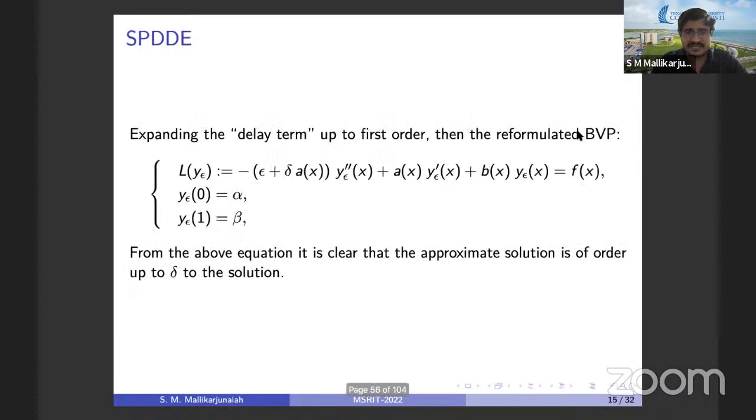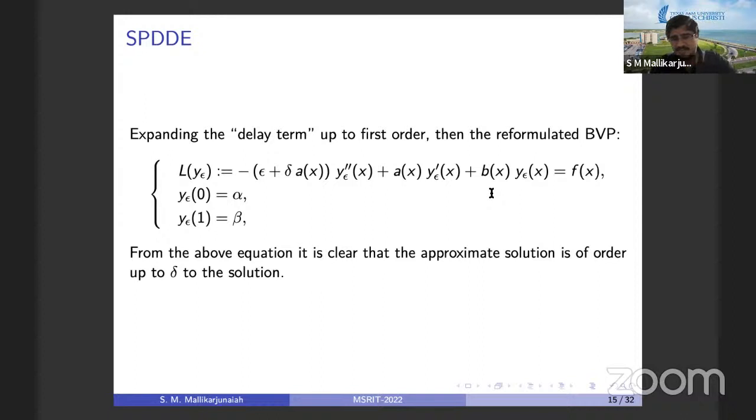Traditionally, if you have a closed form solution, take for example a solution y epsilon that satisfies the differential equation along with the boundary terms, then I have a closed form solution in hand. I can plug that into my left hand side, and it should give me the right hand side f. Or if I move f to my left hand side, then the entire left hand side should equal 0.